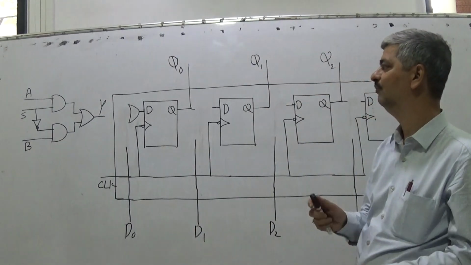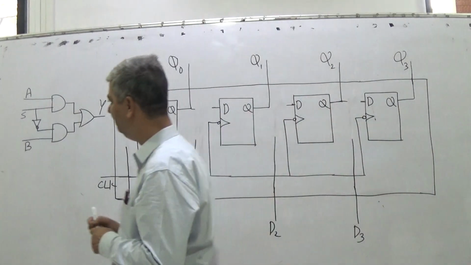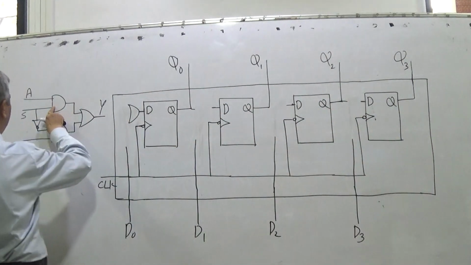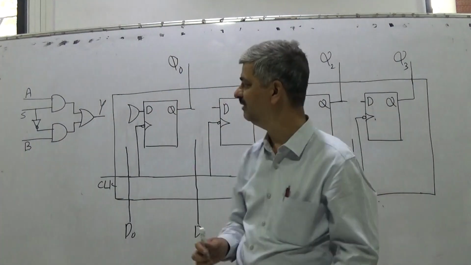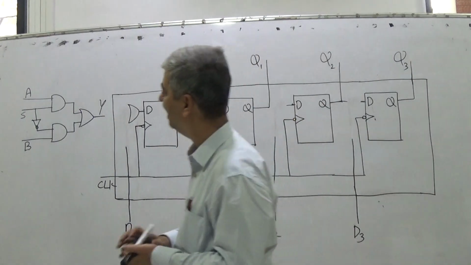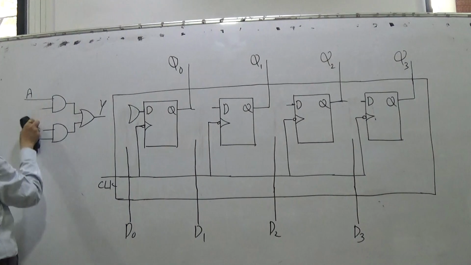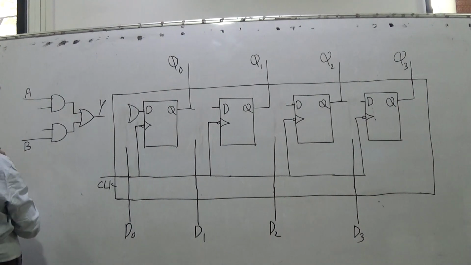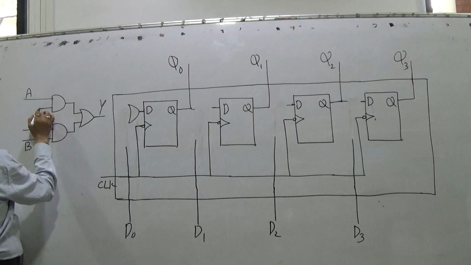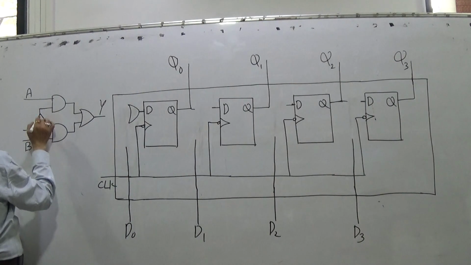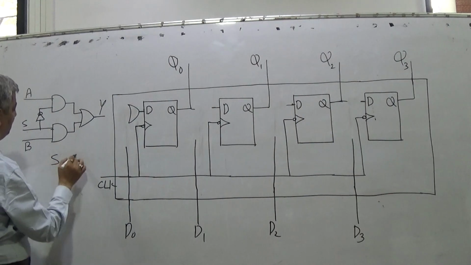So what is going to happen if S is 0 and if S is 1? I will make a small change, not needed, but normally it is a convention, so I am drawing it. Can you write the truth table between S and Y?